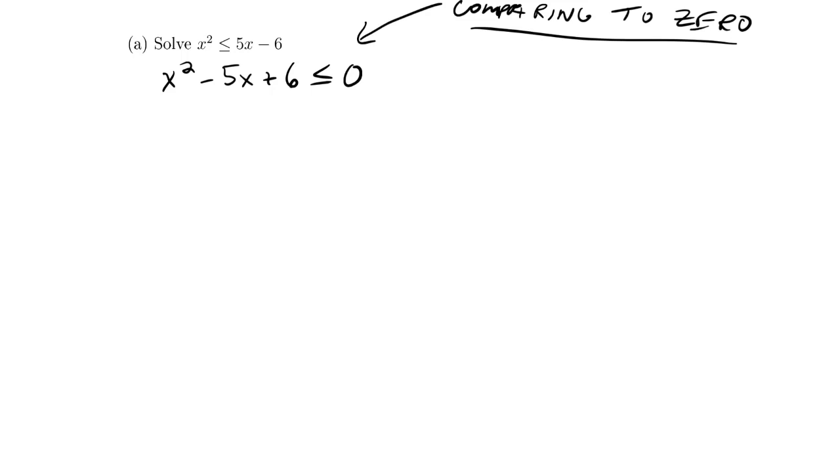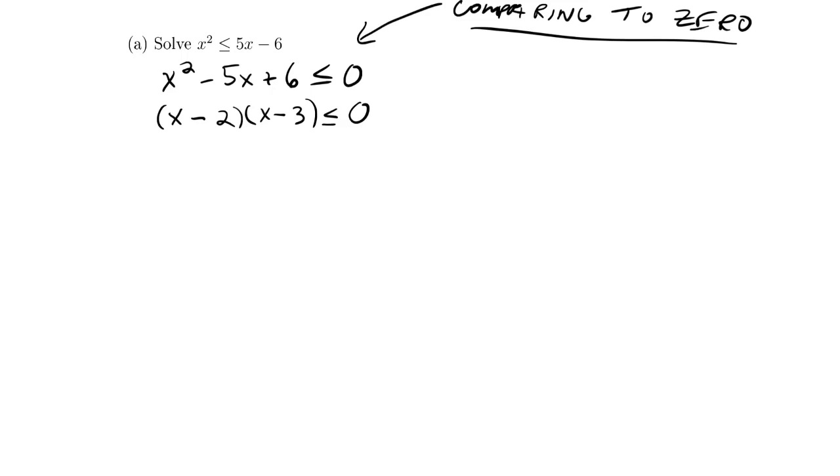So now I'm going to factor basically as if I were solving the equation version of this. So I have 6 there, so 2 and 3 multiply to be 6. I need a positive 6, so they'll have to be both the same sign, and they have to add to negative 5, so I would need negative 2 and negative 3.